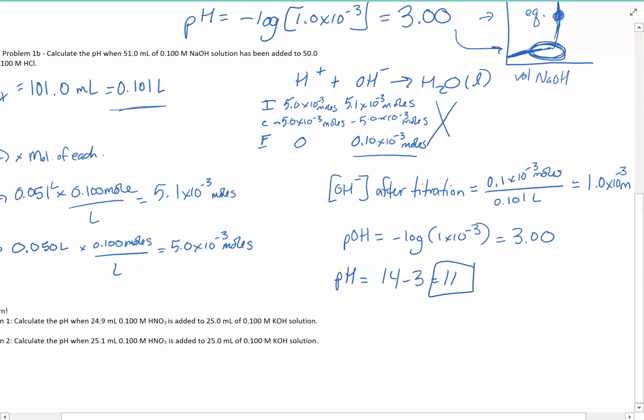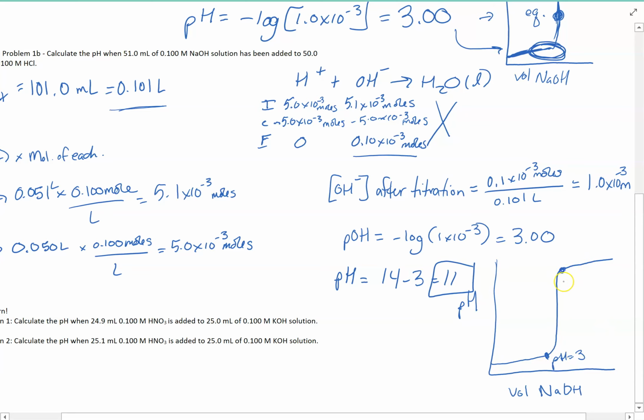That pH, and let's draw ourselves a titration curve real quick. See where we're at. Again, we always put the thing we're adding in the titration on the curve on the bottom. So initially we were here. We saw a steep curve. We were here.